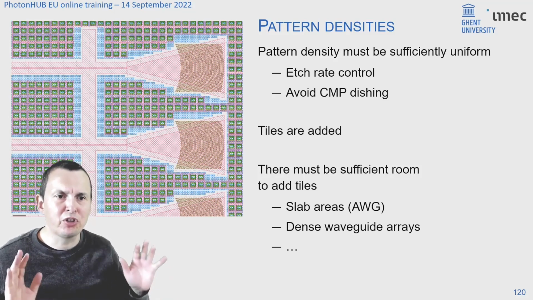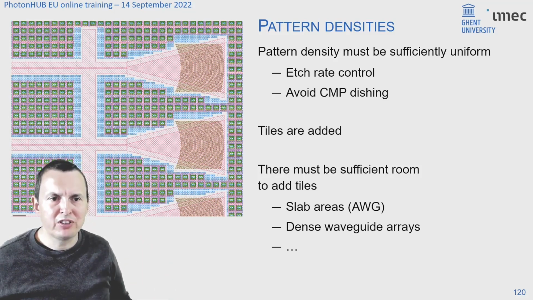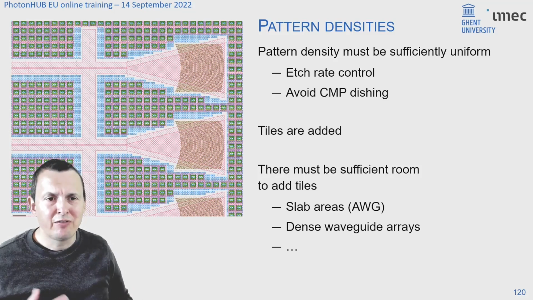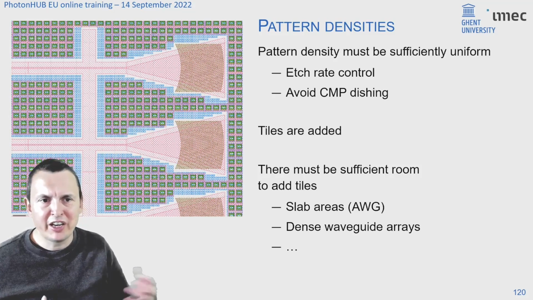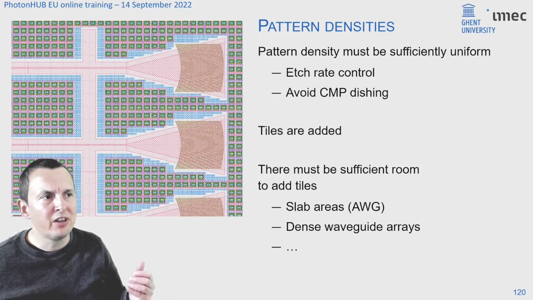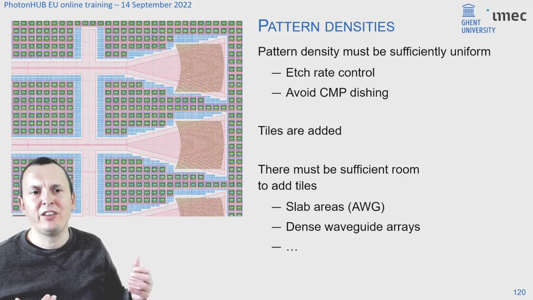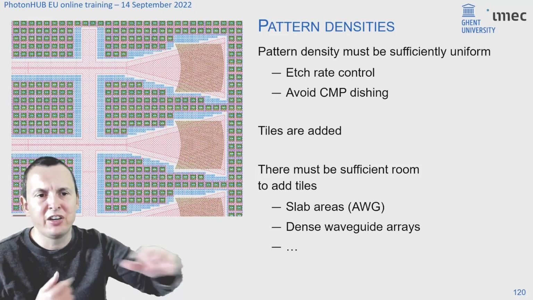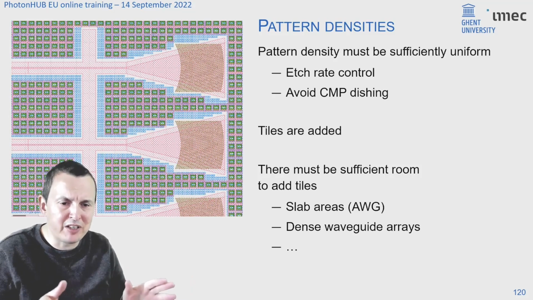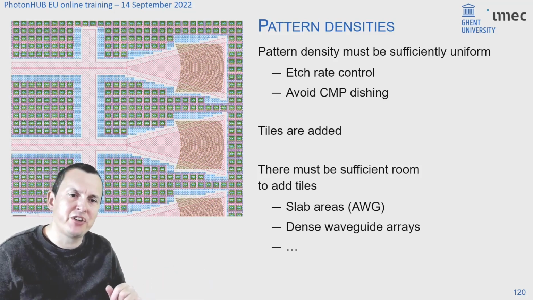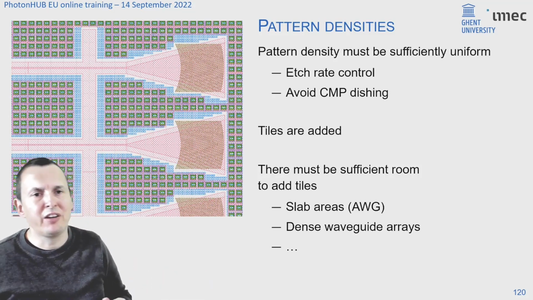Now, in general, that works well, except, of course, in some cases you have photonic devices or photonic circuits that consist of large areas where there's no room for tiles. For instance, an arrayed waveguide grating typically has this large area of unpatterned slab, which is basically the free propagation region, where of course you cannot put any tiles.